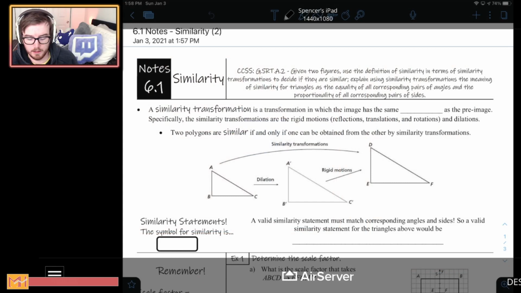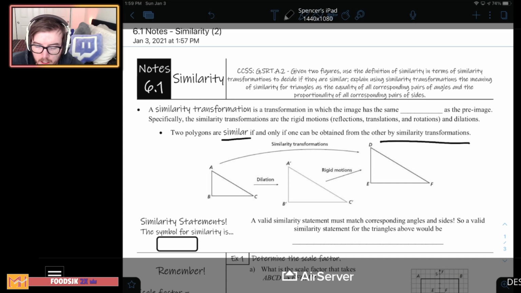So we're doing 6.1 geometry, 6.1 notes. We're talking similarity. So what does it mean for something to be similar? Let's take a look here. Two polygons are similar if and only if one can be obtained from the other by a similarity transformation.